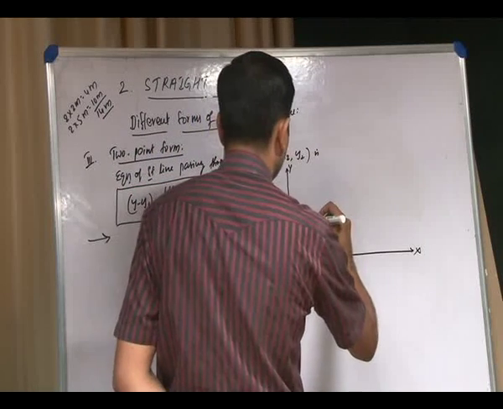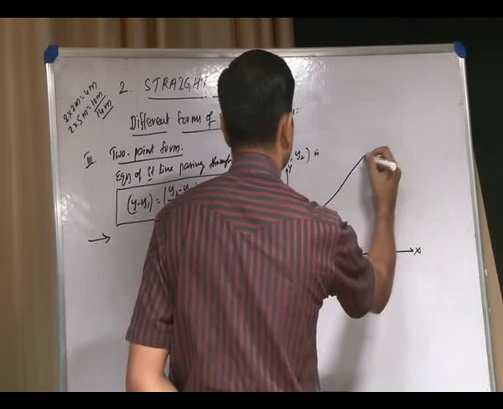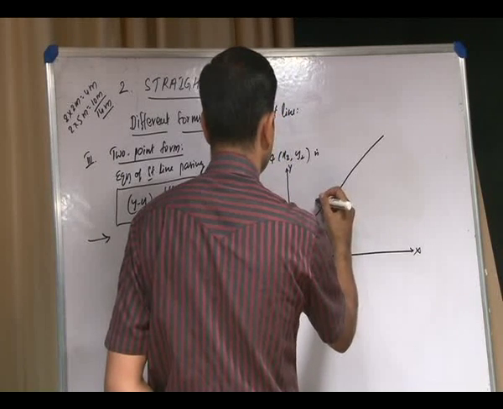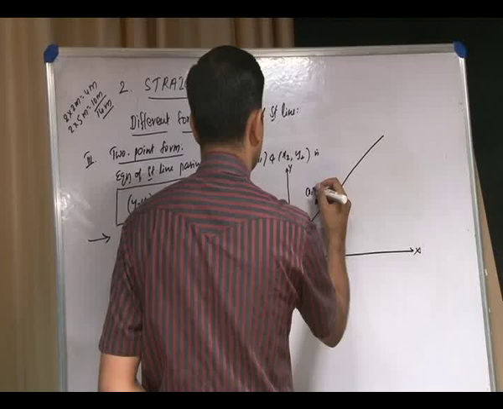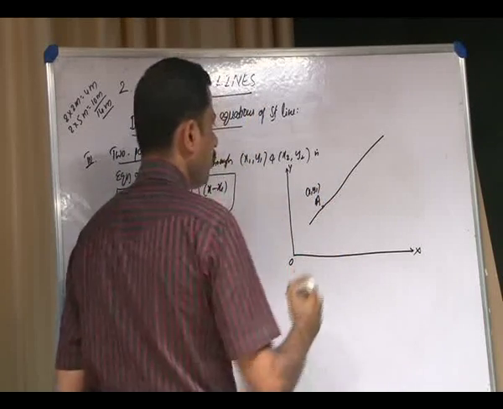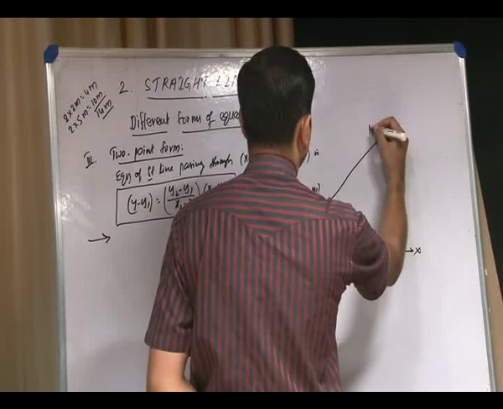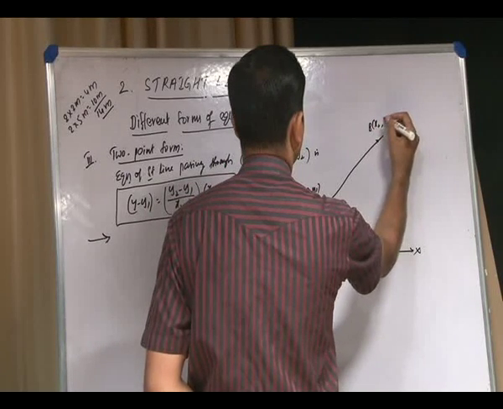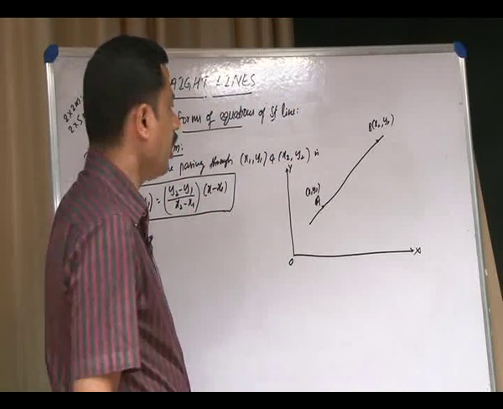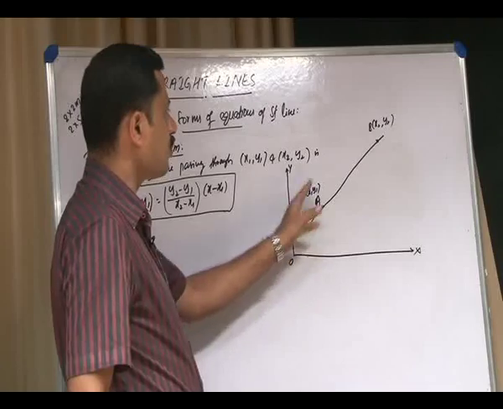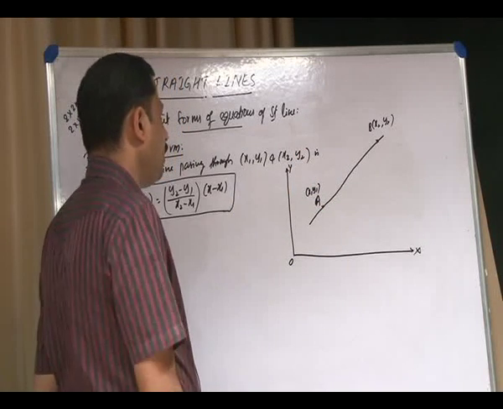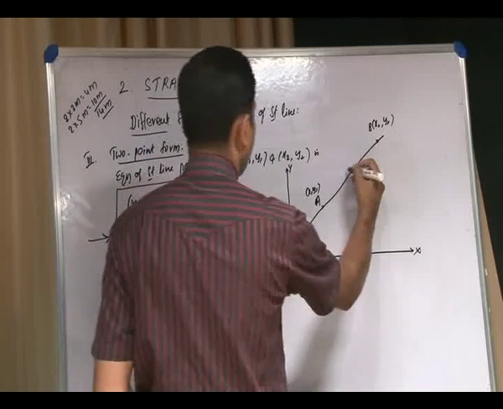Consider a straight line passing through 2 points, say A x1 y1, that is the coordinates of point A, and B x2 y2. Consider a straight line AB passing through the points A x1 y1, B x2 y2 as shown in figure.